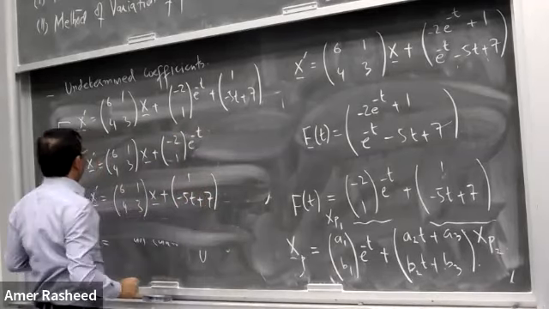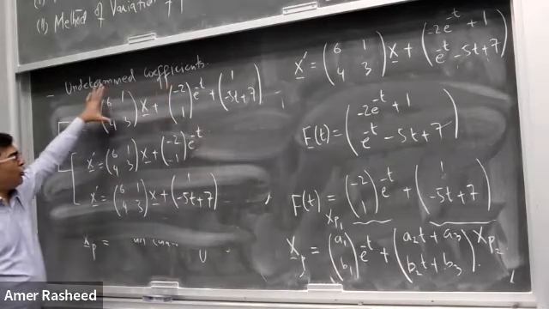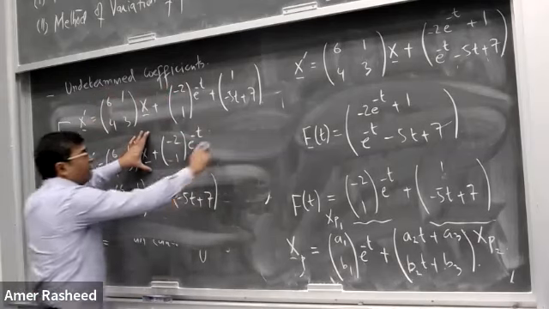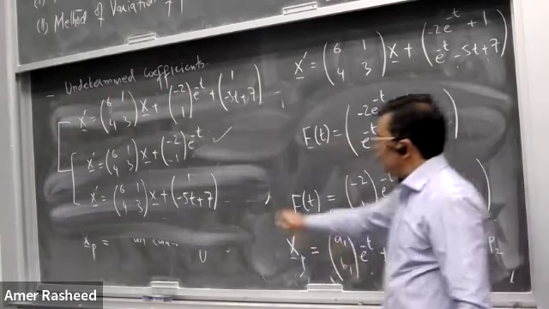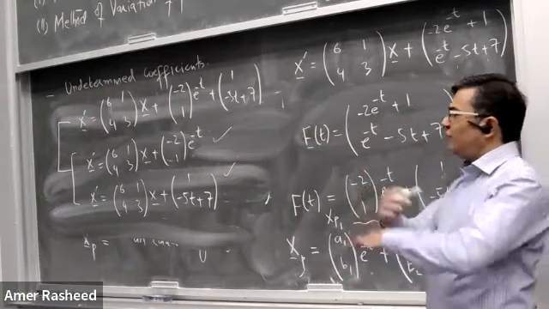Now you have two subsystems of the given general non-homogeneous linear system. You solve this one by assuming xp1, and you solve this one by assuming xp2. You solve them separately.